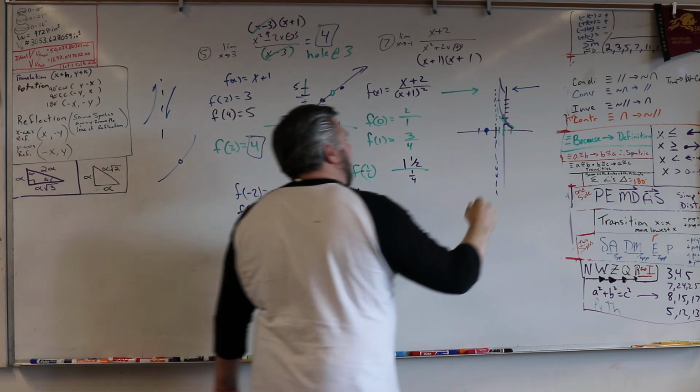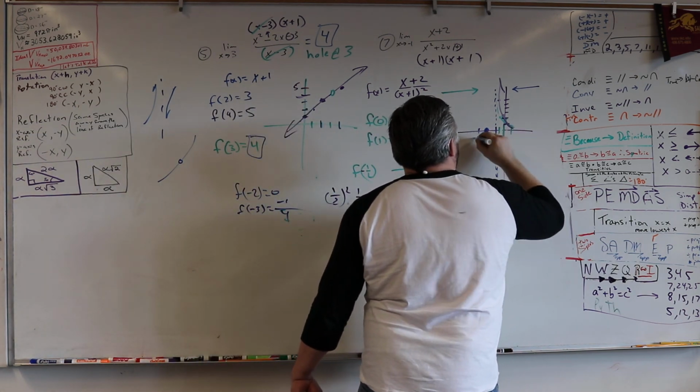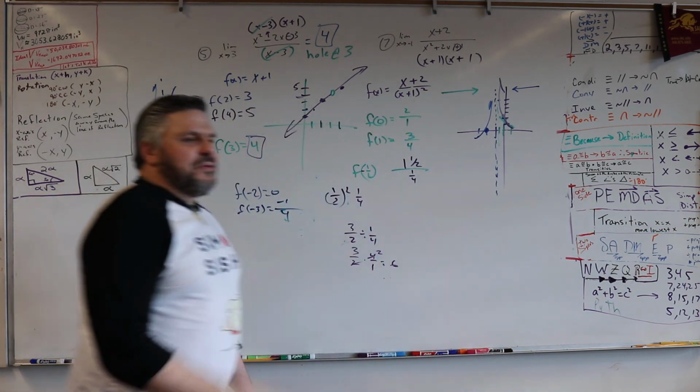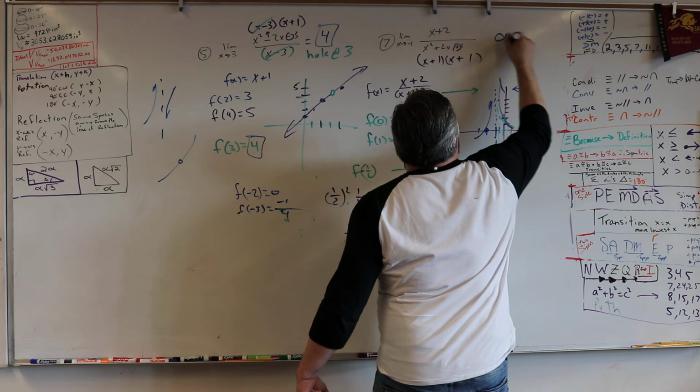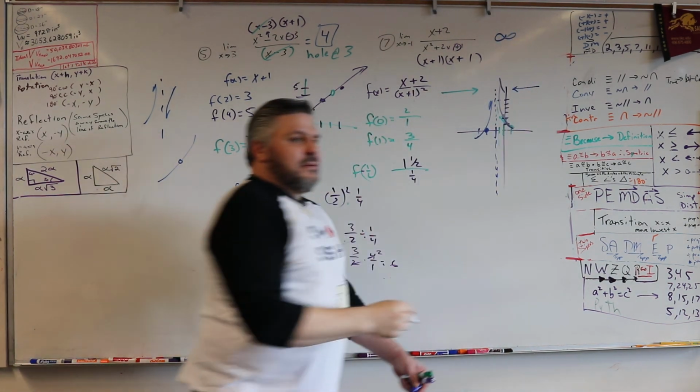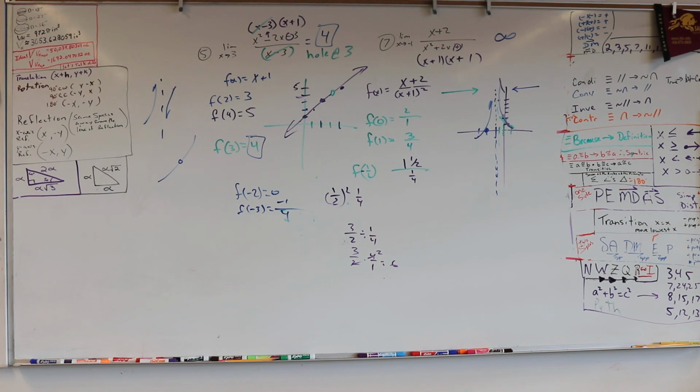So -1/4. Aha! Okay, they're both going to infinity. So the limit is positive infinity. Cool? Now we didn't get a lot of those, and that's why I put that in on purpose.